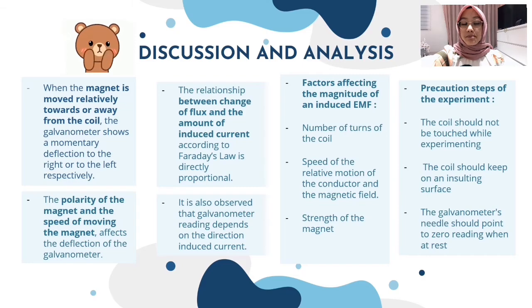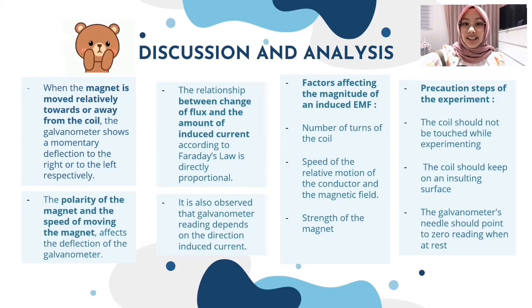Secondly, the speed of the relative motion of the conductor and magnetic field. As the speed increases, the galvanometer reading, the induced current, increases at a higher rate.